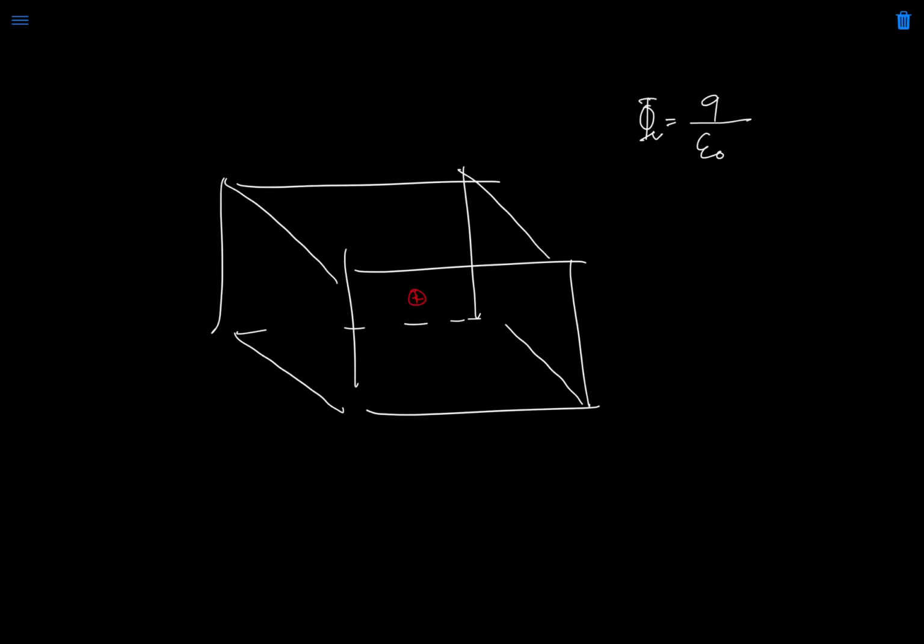So after solving this one, you can actually divide it by 6 to get the electric flux on each side, since we have 6 sides of a cube or a rectangular prism. In that case, you will get the electric flux for each side.